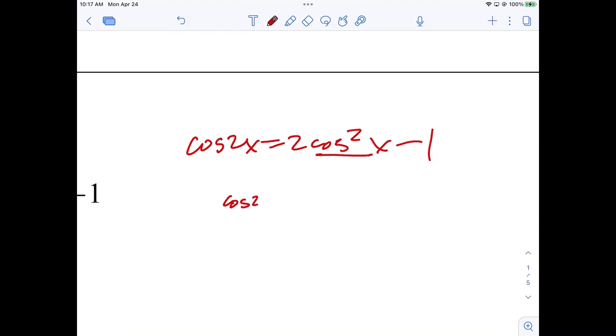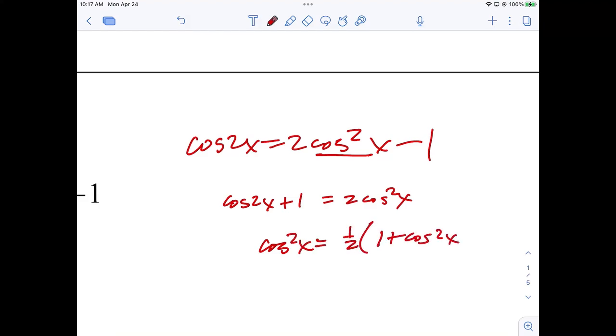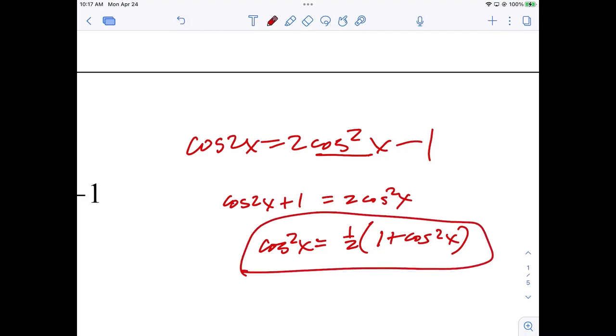I get cosine of 2x plus 1 equals 2 cosine squared of x, and then I get cosine squared of x. I multiply by a half, I get 1 half times 1 plus cosine of 2x. There's the power reducing identity. It's nothing more than one of those three identities for the double angle for cosine rearranged.